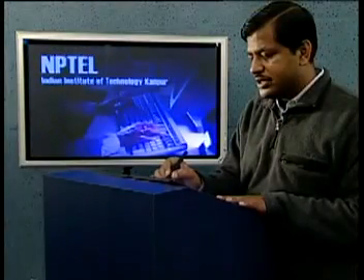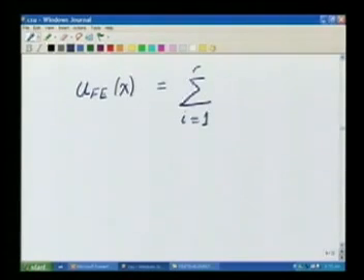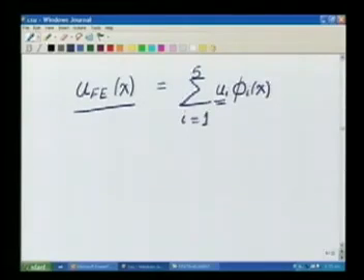So U finite element of x is equal to the sum over I equal to 1 to 5 in our case, ui phi I of x. These ui's are the unknown coefficients which we have to obtain using the finite element method. Once I have obtained these coefficients ui, then I have the full finite element solution for any point in the domain 0 to L.